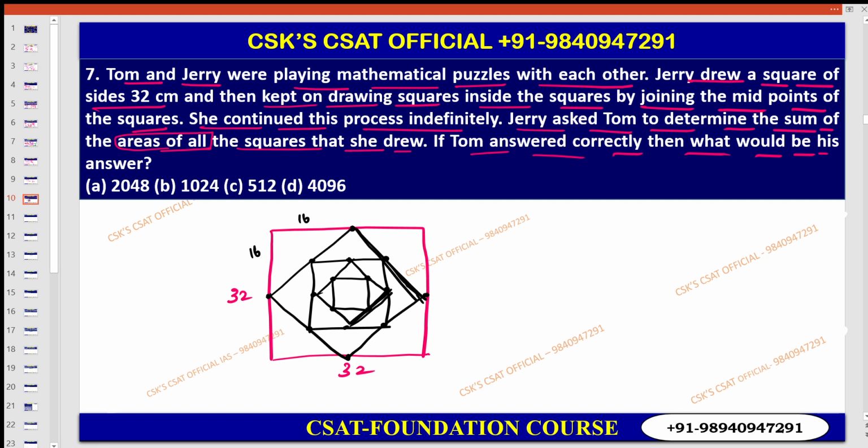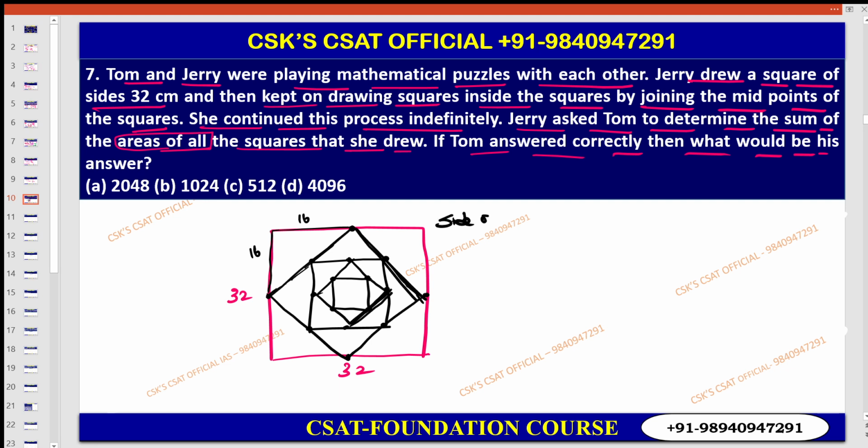If you see this one, this is nothing but a right angle triangle. In this right angle triangle, you know the Pythagoras theorem: the square of the hypotenuse is equal to the sum of the squares of the other two sides. So it is not 16, it is 16 root 2. That is why it is important.